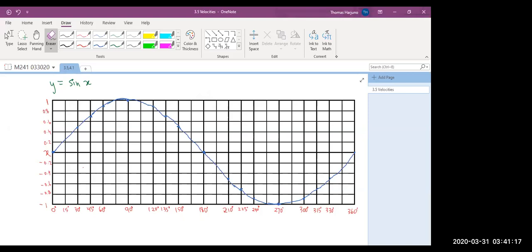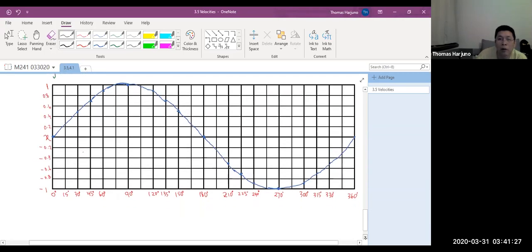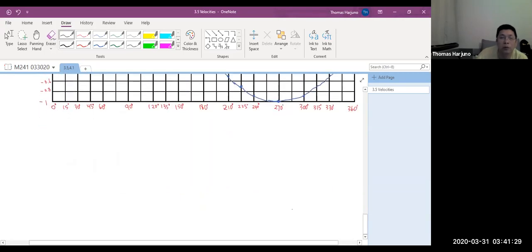Okay, let's start again. We already have the graph for sine x. I would like to summarize it at least this way for the purpose of our lesson later on.